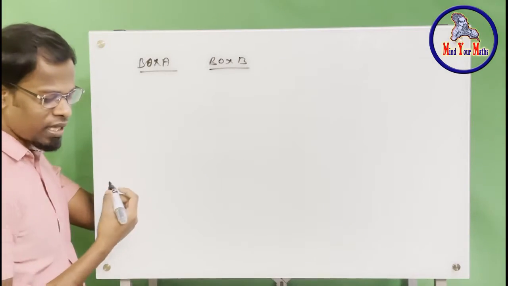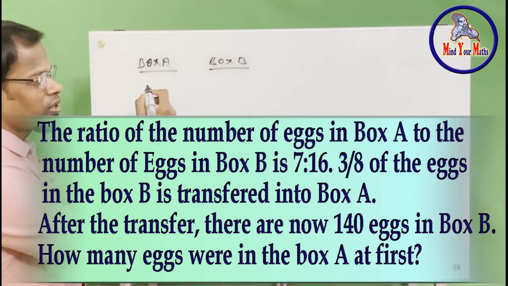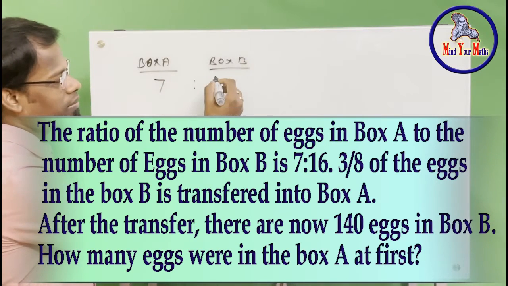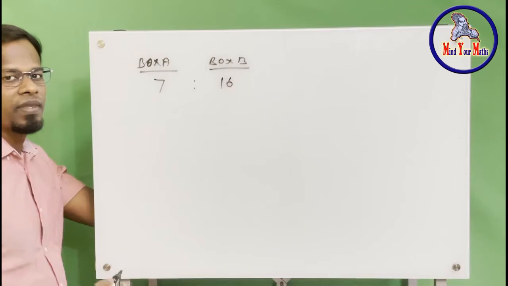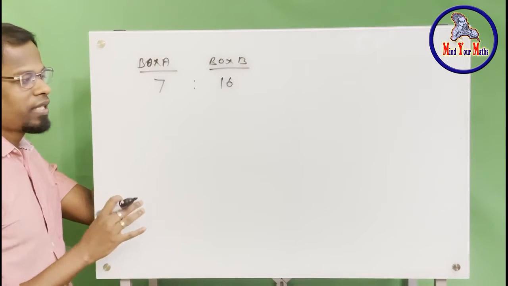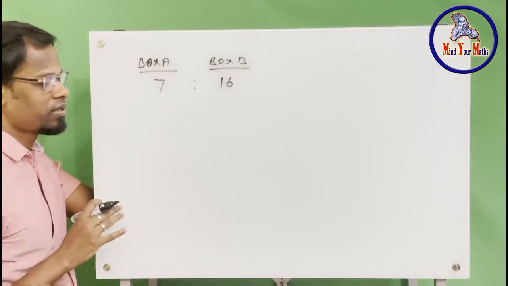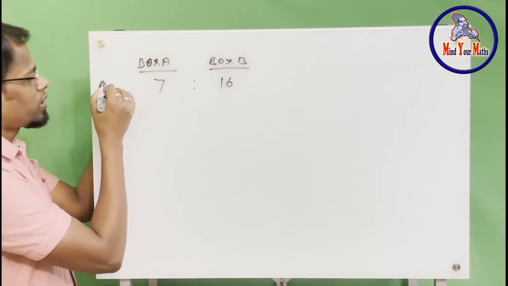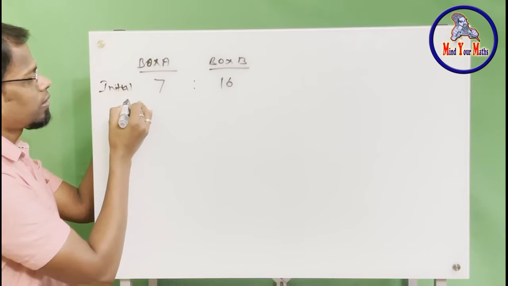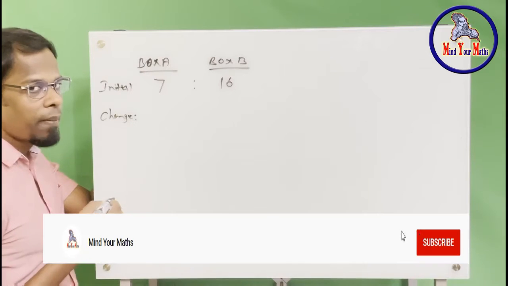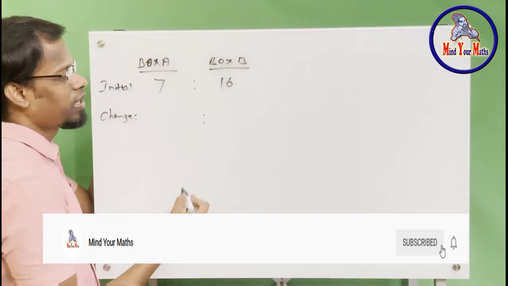Now it says that the ratio initially is, for box A it is 7 and for box B it is 16. That's the initial ratio. It is not the number of eggs, it's just the ratio. Then there is a change that happened.